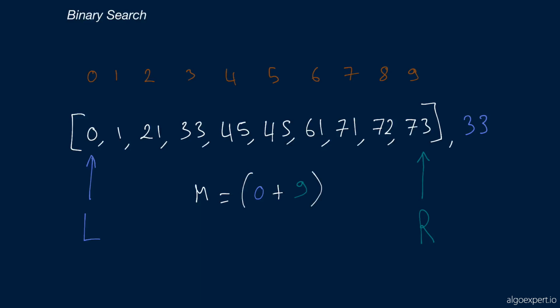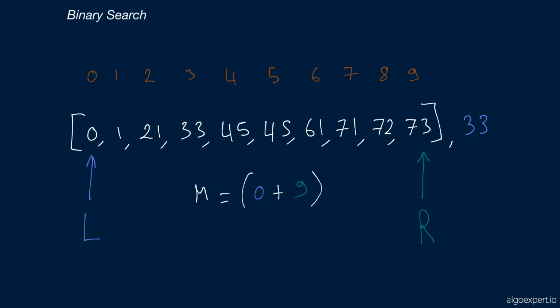Because we're dealing with indices, we don't want the index to be a decimal number. Here, 0 plus 9 divided by 2 is 4.5, and 4.5 isn't a valid index. That would just bring us to the very middle of the array between two numbers. So we're going to round this number down.